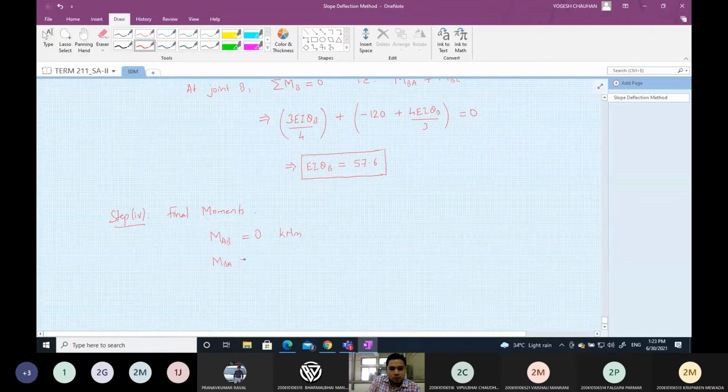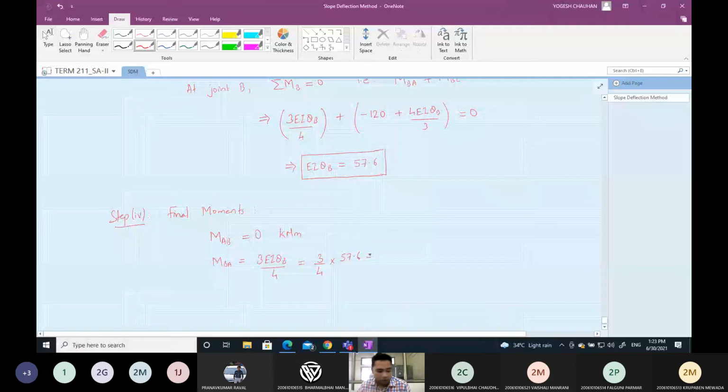MBA is 3EI theta B by 4. It will be 3 by 4 into 57.6, that is 43.2.